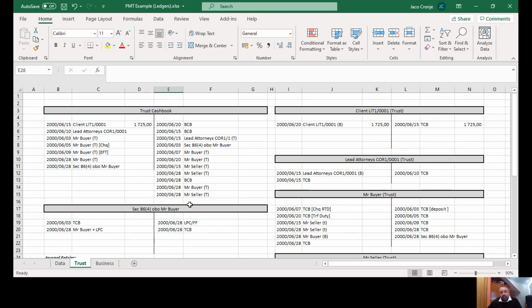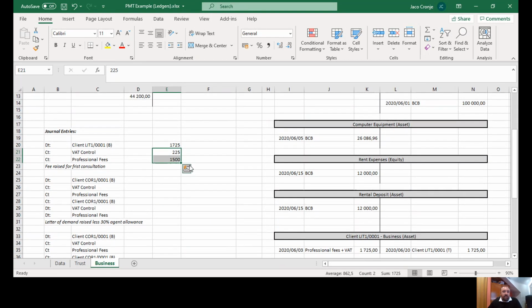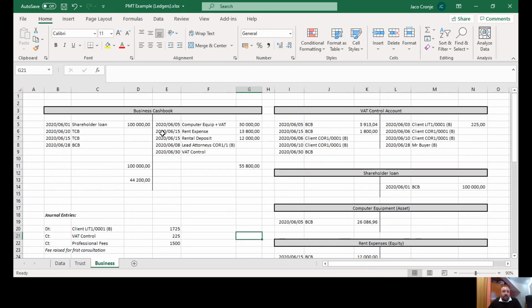So if I go into my internet banking and I pay it out of my trust, will that increase or decrease my trust? The answer is that will decrease. So I'm going to have a credit entry there, reference to my business bank. And in my business bank, I'm going to have a debit entry of 1725, and my reference is my trust bank.